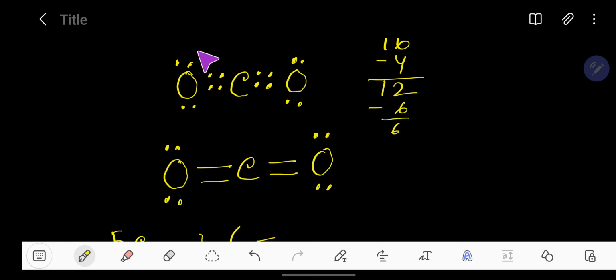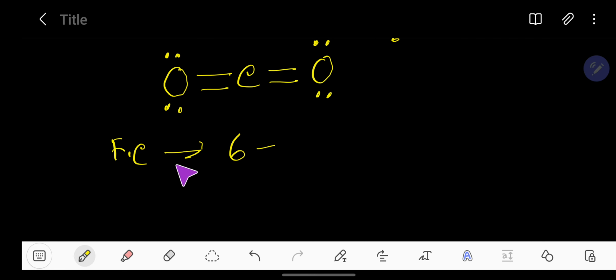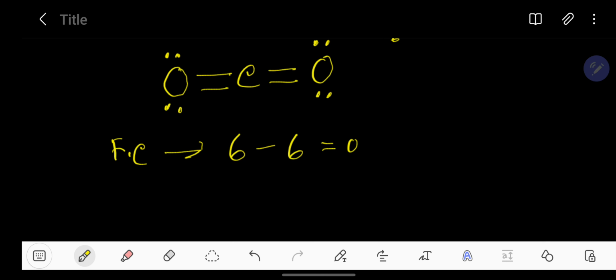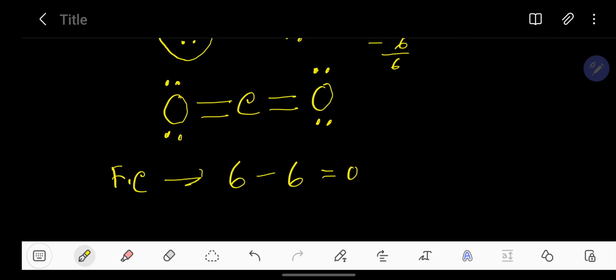Minus, look here, if you draw a circle, this circle will include half of the bonding pairs. So 2, 4, 6. So in a neutral or free oxygen atom with 6 valence electrons, and here we have assigned also 6. So the formal charge of oxygen here is 0.